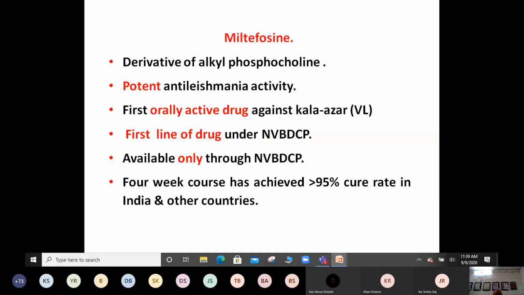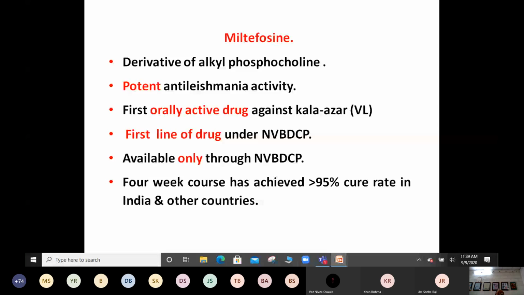This is the first drug which is given orally, because you have seen the previous two drugs should be given parenterally: intravenous amphotericin B, and stibogluconate, which can be given deep intramuscular or intravenous. Miltefosine is the first drug which can be given orally against Kala-Azar, that is visceral leishmaniasis.